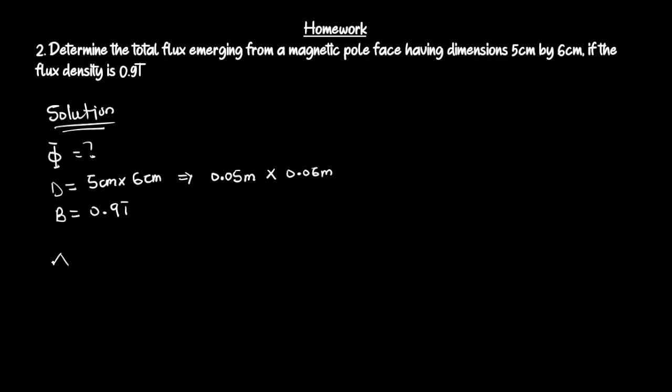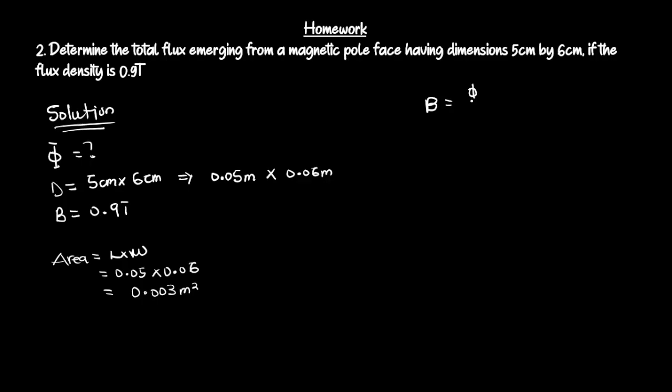So therefore the area will be length times breadth or width, whatever you want. We don't know which one is the length or breadth, but all we know is that it will be 0.05 multiplied by 0.06, and so our area for this particular problem will be 0.003 meters squared.